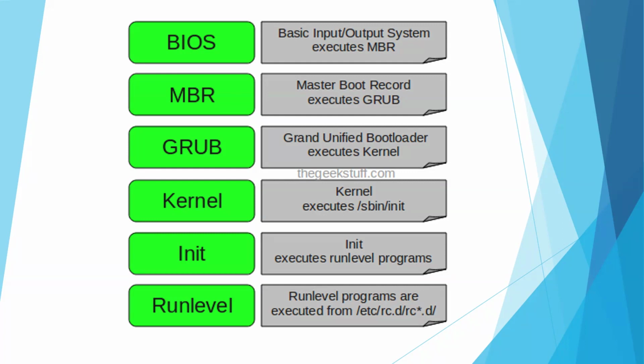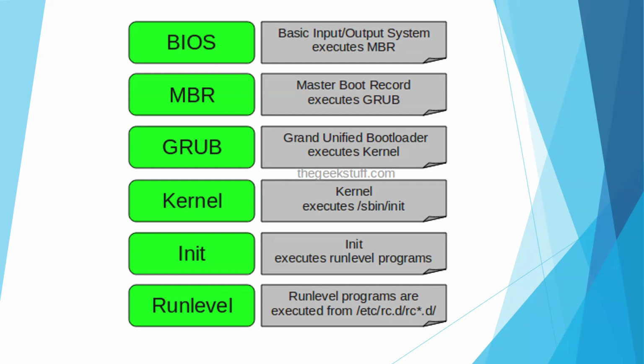Suppose you are starting your system. The system starts with the BIOS, which is usually called the basic input output system. What does the system do during this phase? Whenever you boot the system, it checks that all the basic components are in place, like hard disk, RAM, or system board. If there is any issue, then usually you will hear a beep sound.